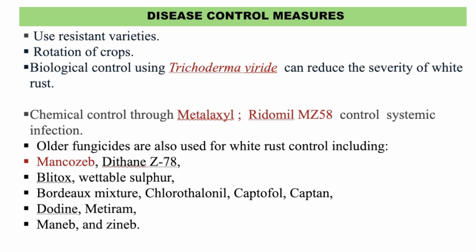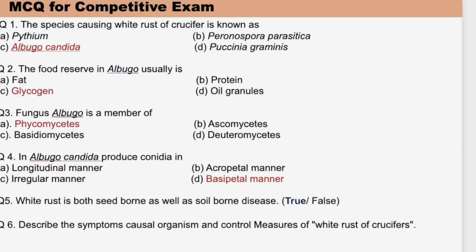Ridomil and metalaxyl are the main compositions we can use for systemic infection, when systemic infection means the whole plant is infected by the fungus. Mancozeb, Bordeaux mixture, Maneb, Zineb, these are the main fungicides which can be used for controlling the white rust.